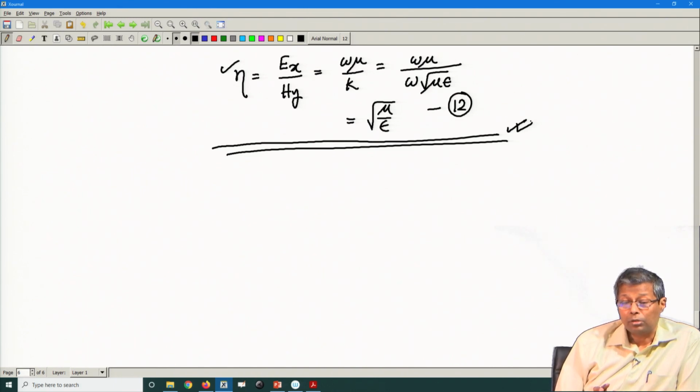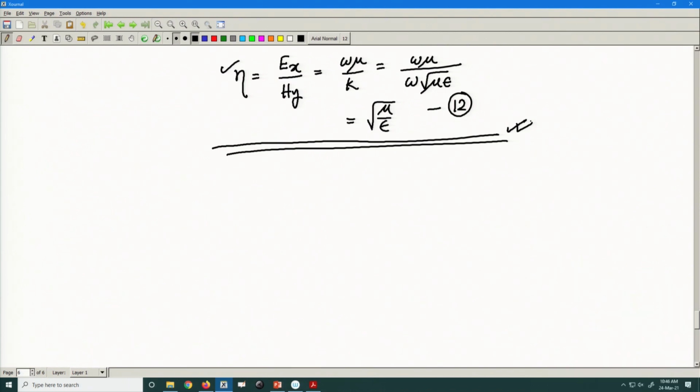Okay. So, in this case, this is called the wave impedance, and in vacuum eta is root of mu naught by epsilon naught.